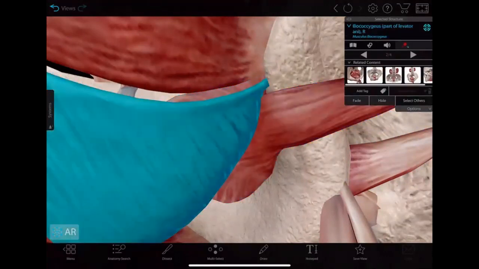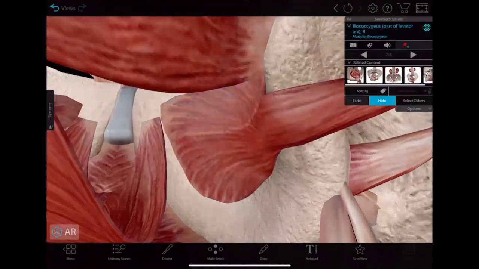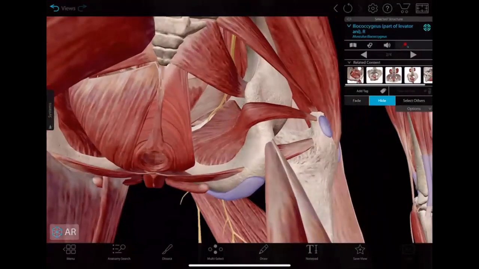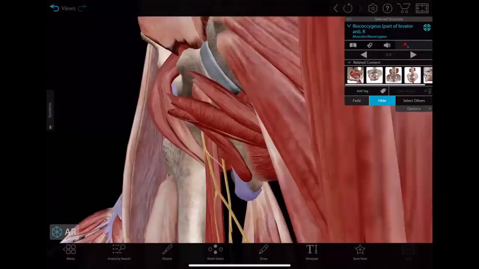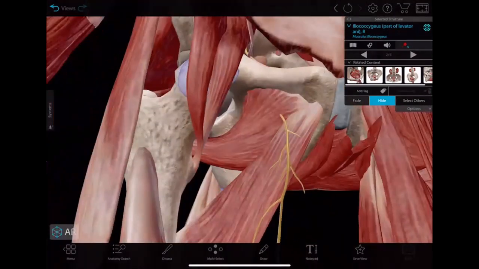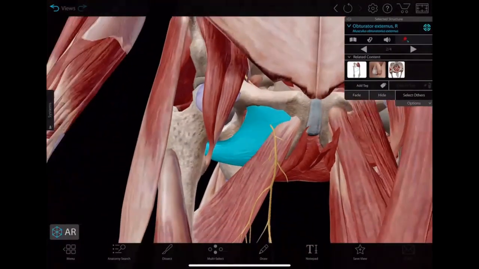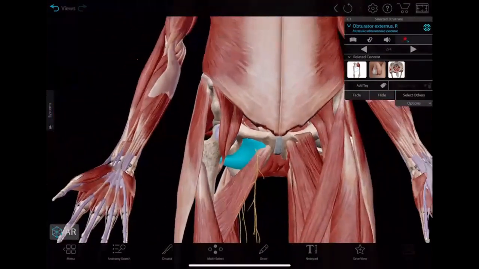Let's remove this. That muscle is obturator internus, whereas this one is obturator externus.